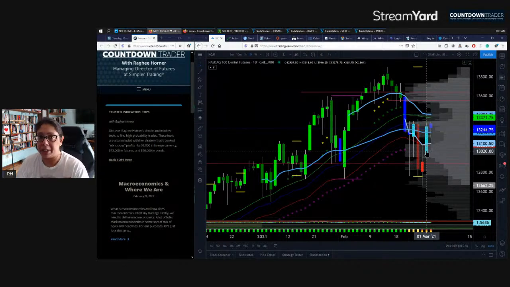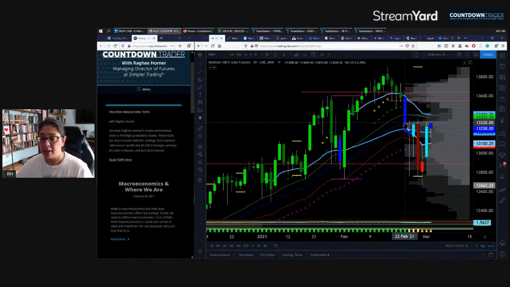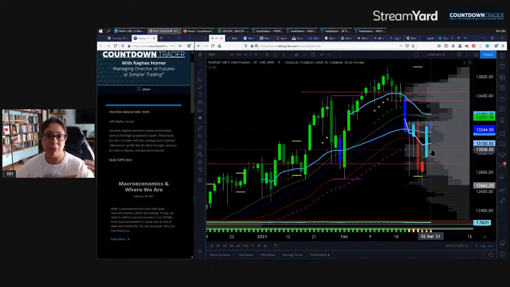What we're seeing right now can't be considered unusual considering the volatility that we've seen ever since the 22nd of February. So keep in mind, what am I trying to say? Don't be surprised if we see these large ranging candles, maybe getting to or exceeding the typical price movement range.